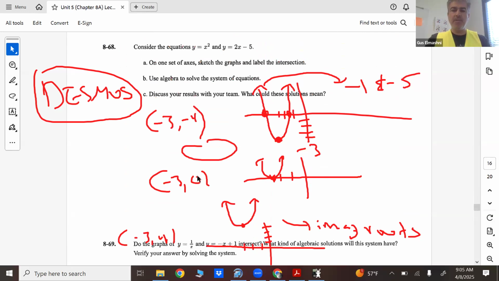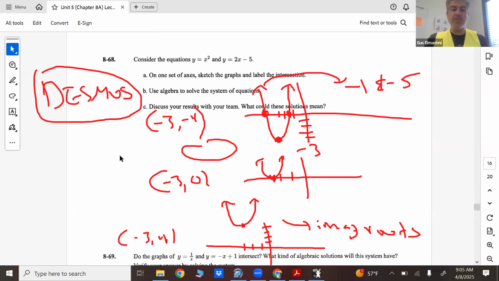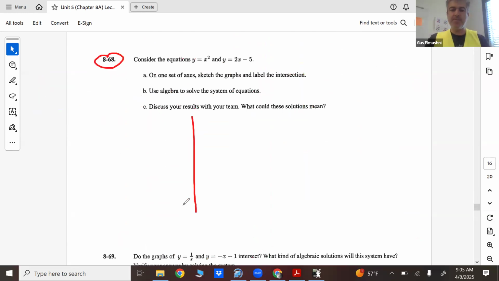So next one I want you guys to do, try this one here. Try 868. Do some Desmos. I'll give you guys 2 minutes. I'll check in on you guys in 2 minutes. Try 868.